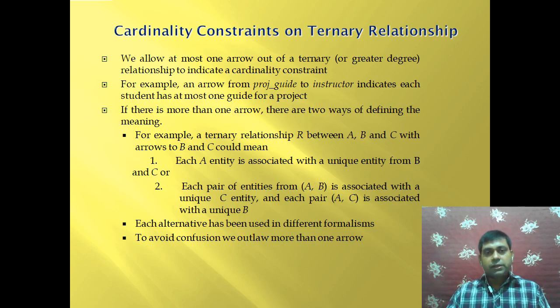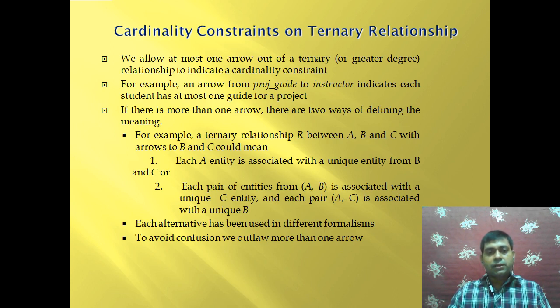Now cardinality constraints on a ternary relationship will also be very important. In a ternary relationship, the cardinality constraints are between any two pair of entity sets, because amongst 3 entity sets at a time we cannot define the cardinality.